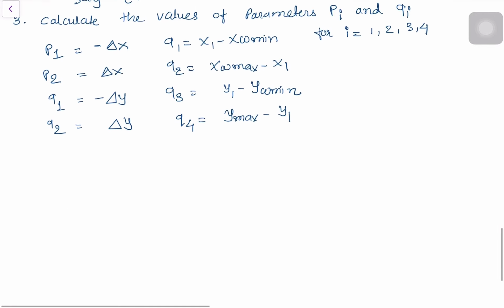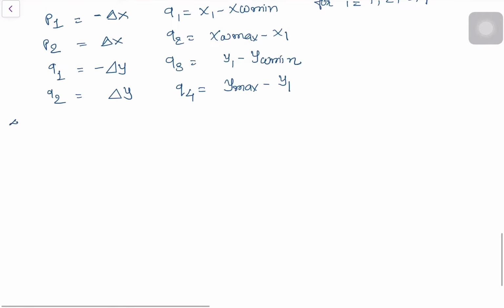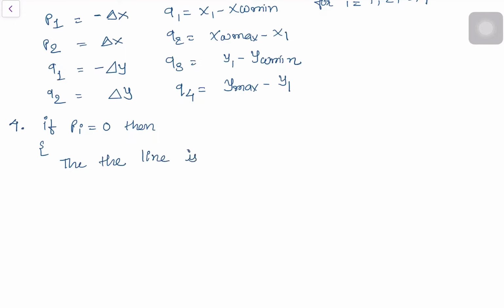Now the fourth step of this algorithm is to check conditions. If Pi is equal to 0, then the line is parallel to the ith boundary.